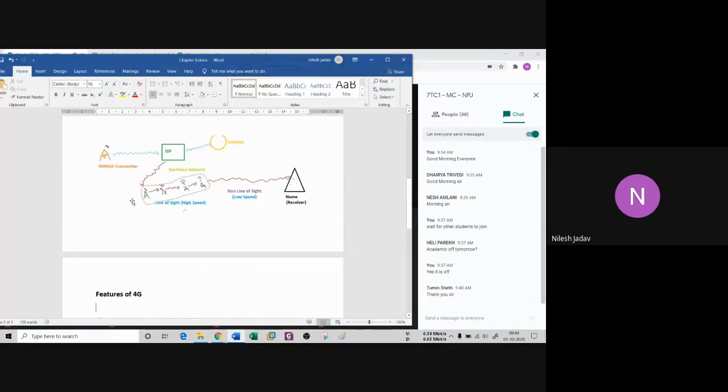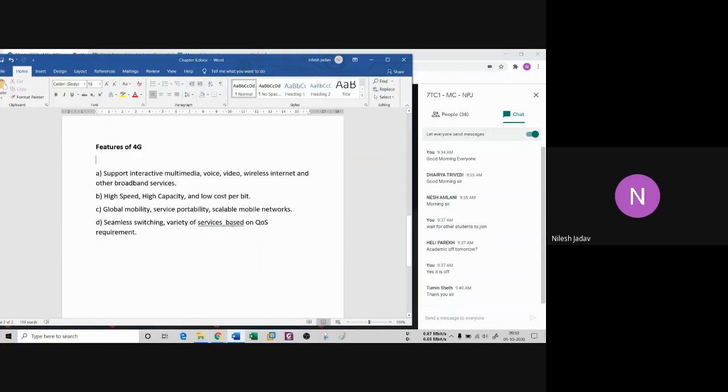If you are sitting over here in line of sight connection, you will get a very good connection. You can download at a very huge speed. However, you will definitely get a good speed, but a varied speed: sometimes it is very large, sometimes it is very low. So they are working on quality of service. It is a requirement for them.